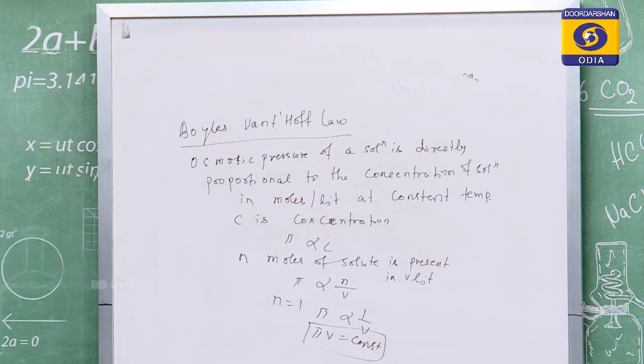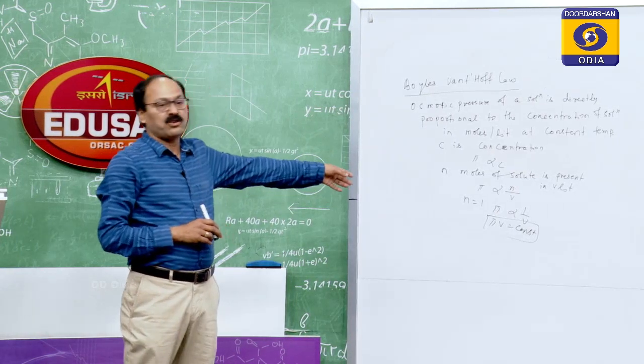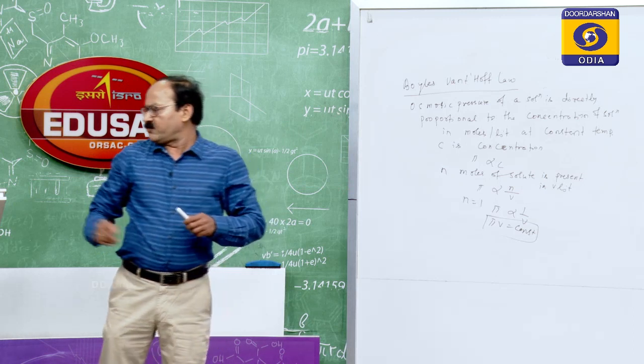Similarly, this Boyle-Van 't Hoff law, pi V is equal to constant, pi is the osmotic pressure, V is the volume of the solution in liter containing 1 mole of the solute.